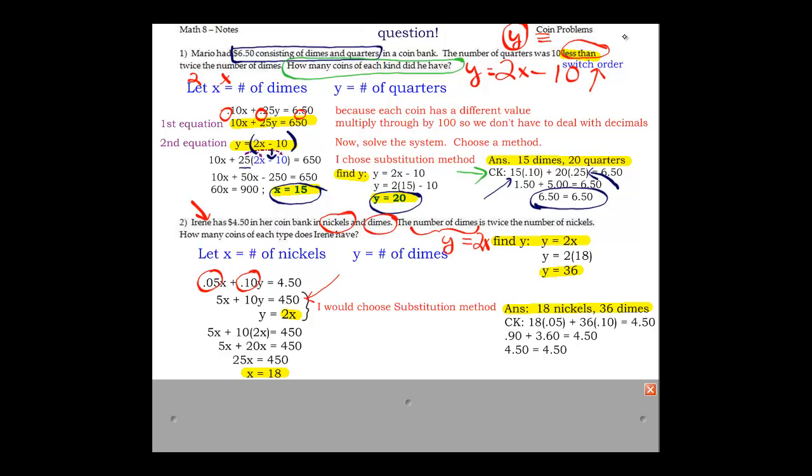Do your check and make sure both sides equal each other. So again, when we do our check, we are substituting in. I have 18 nickels, 36 dimes, and does the value of each one of those equal $4.50? And it does.